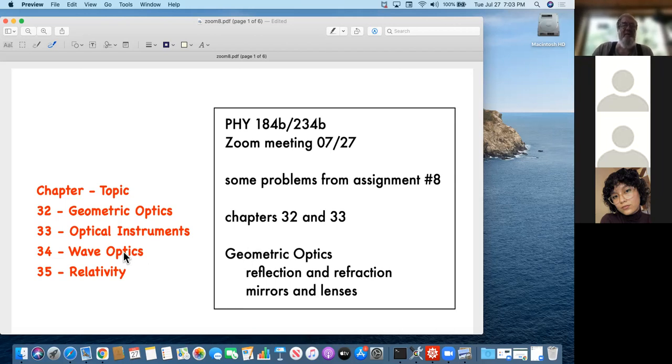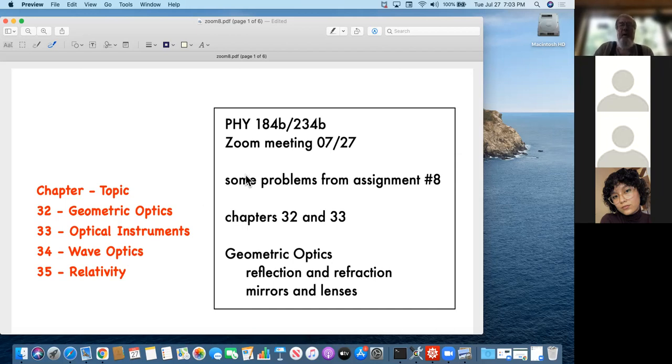And that's called wave optics. So in geometric optics, we can sort of treat light as just traveling in straight lines, and we're just analyzing the geometry of those lines of propagation. But there's more to it than that, and that's going to be the subject of chapter 34, wave optics.